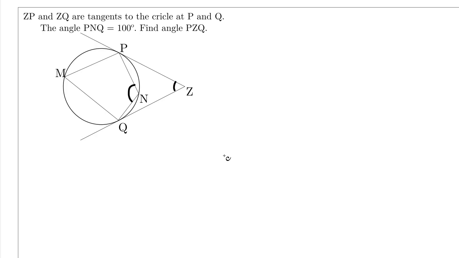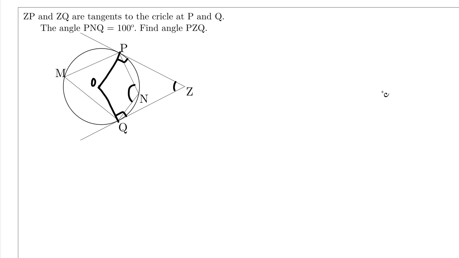This angle. Right. Again, the first thing that we want to do is draw lines to the tangents from the center of the circle, OP and OQ. And we know that the angle OPZ and OQZ will be right angles. Why do we need to know that?